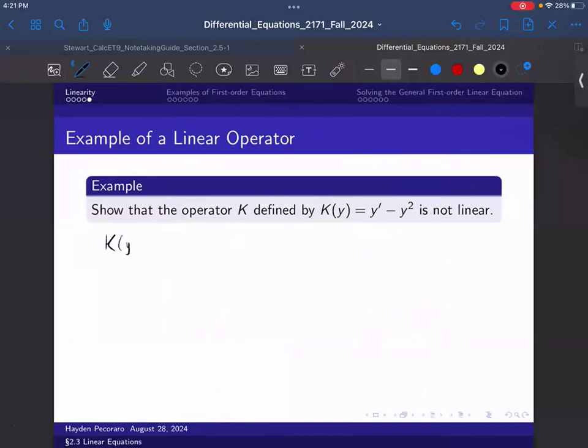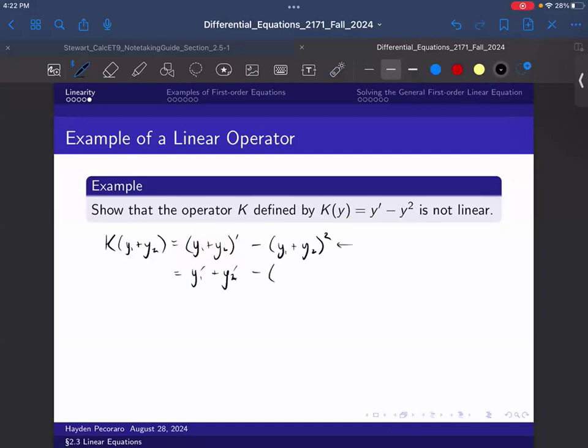K of y1 plus y2 says y1 plus y2 prime minus y1 plus y2 squared. For the first term here, I can do my derivative property. Derivative of a sum is the sum of the derivatives. So y1 prime plus y2 prime. Okay, that looks pretty linear. Good sign.